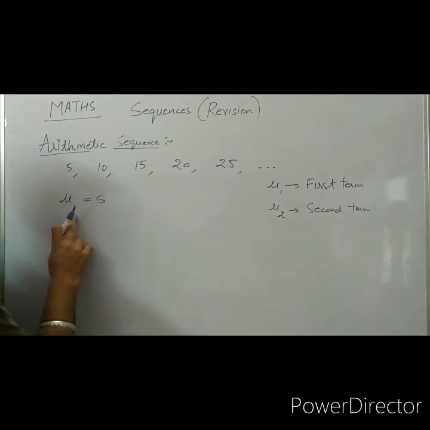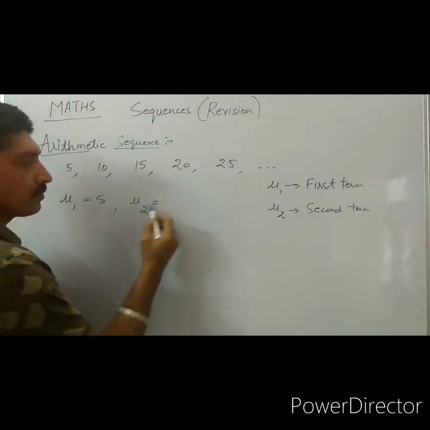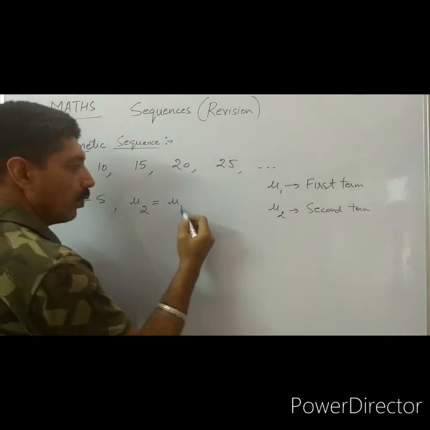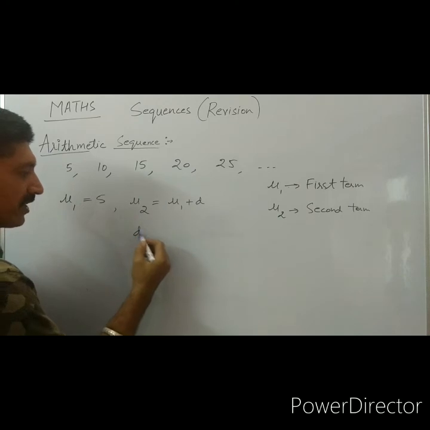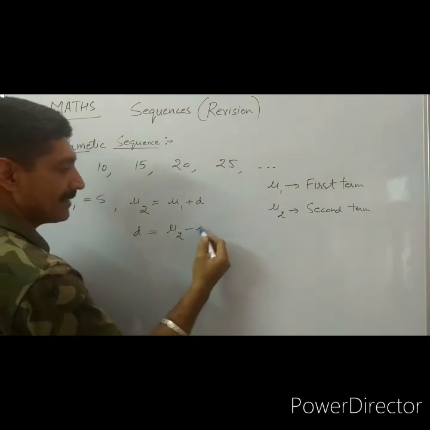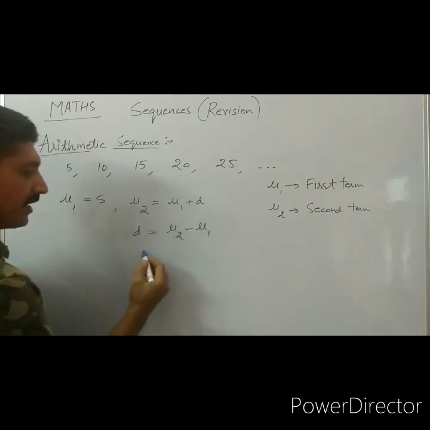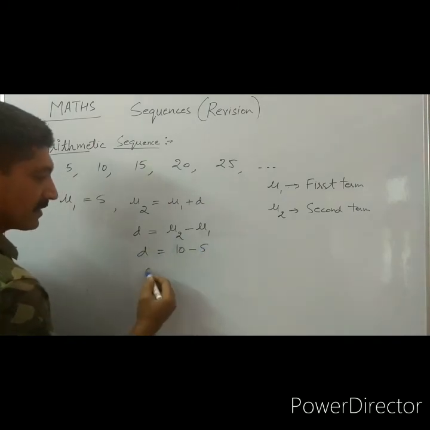Here u2 is equal to u1 plus the common difference. The common difference is equal to u2, that is 10, minus u1. So the common difference is 10 minus 5, so d is 5 here.